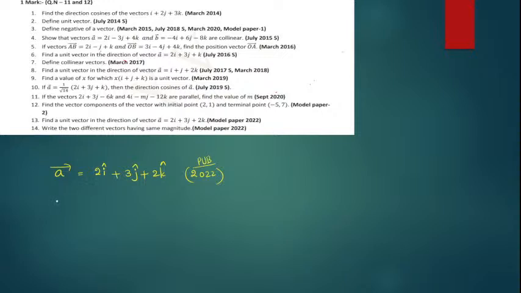So they ask you to find the unit vector a cap in the direction of the given vector a. Already given you the formula, a cap is equal to the given vector divided by its magnitude.